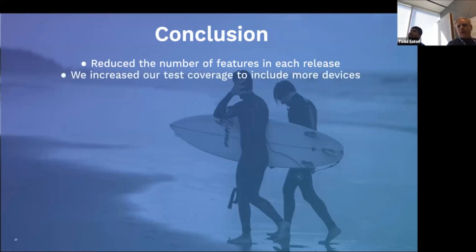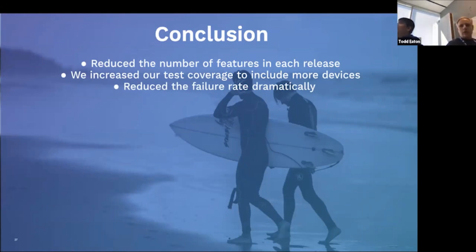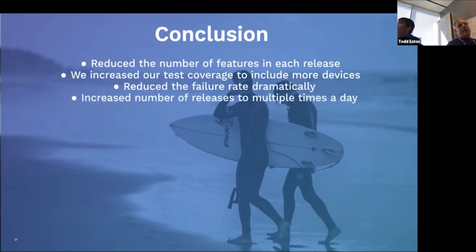We increased our test coverage by adding the hybrid framework, getting more devices out there that we could run our tests against, and increasing our tests and watching what we're doing to increase our test coverage. We reduced our failure rate dramatically by increasing that test coverage, doing those releases and keeping control over them. And then lastly, we hit our stretch goal of increasing the number of releases to multiple times a day.